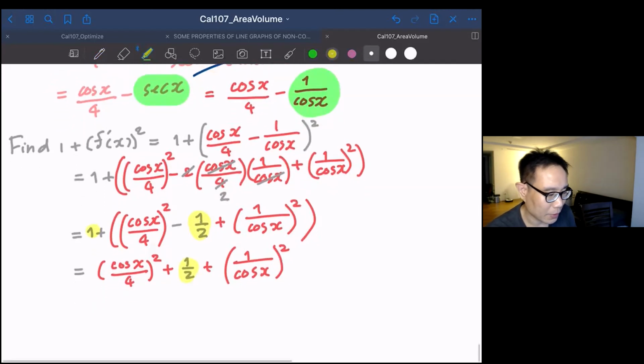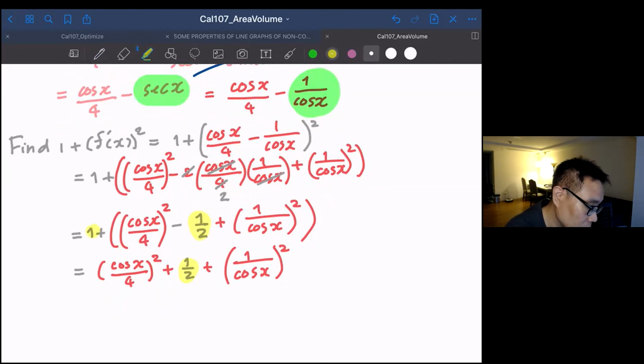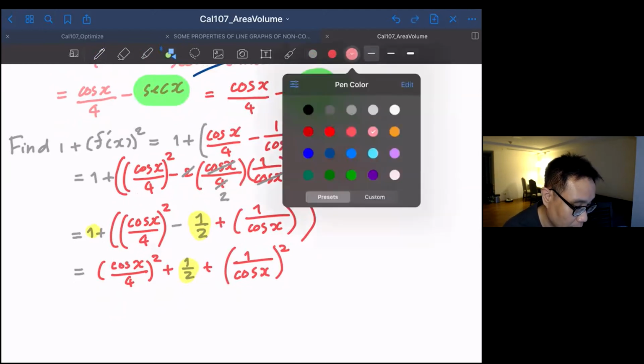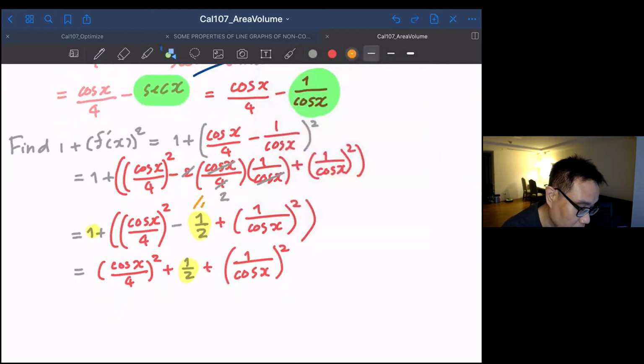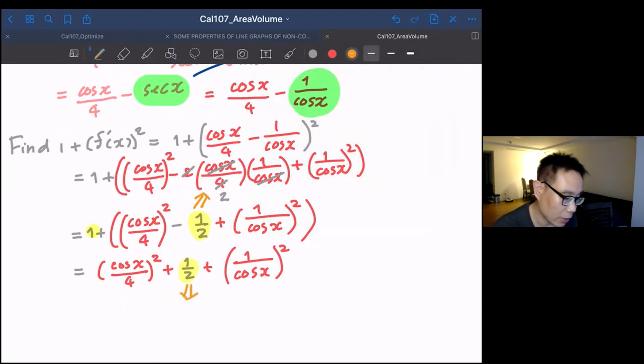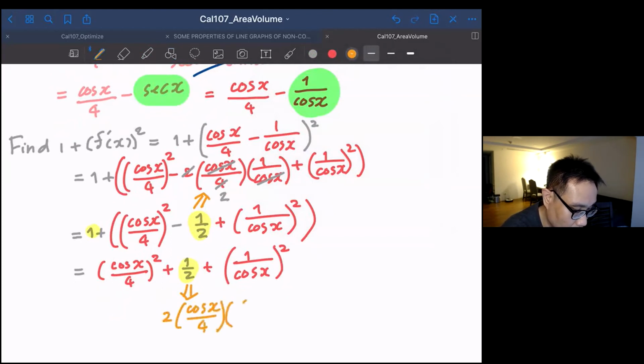And then you see that we're going to go back to this term here. So this guy is equal to 1/2 before, right? So this guy is equal to 1/2. Okay, so this 1/2 turned out to be 2 cos x over 4, and you have 1 over cos x.